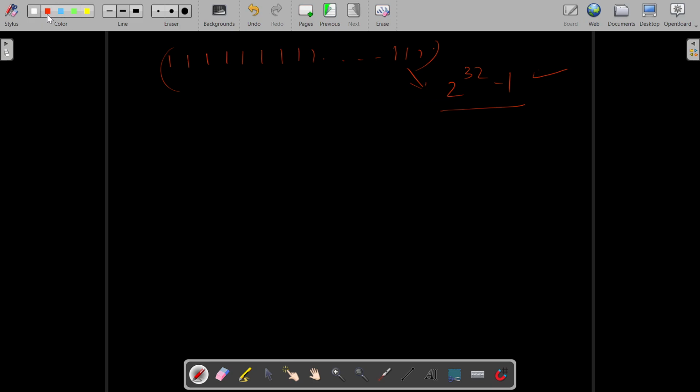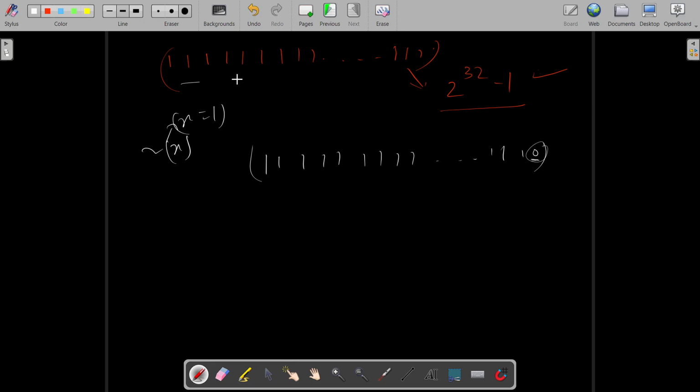Now if we see the not of x, we already considered the value of x as 1, right? If we find the not of x, we'll get all the bits set except the first, which will be 0. So all the 31 bits to the left are set, and the rightmost bit will be 0, right?